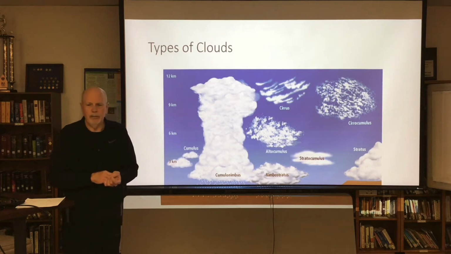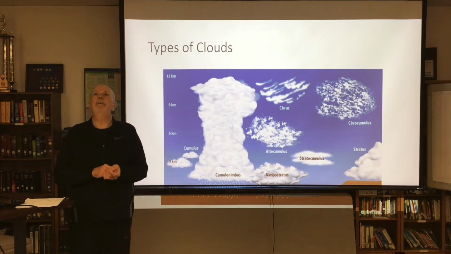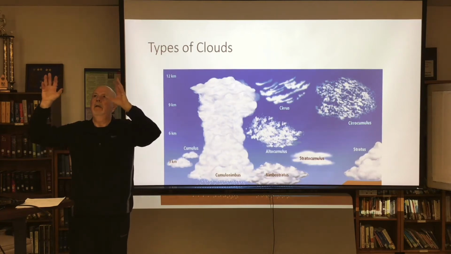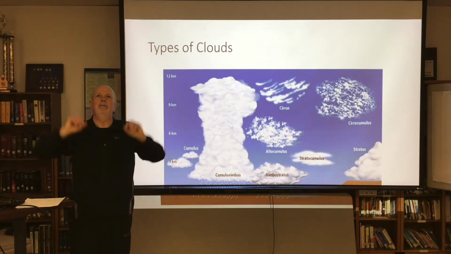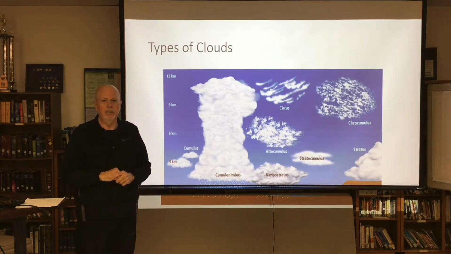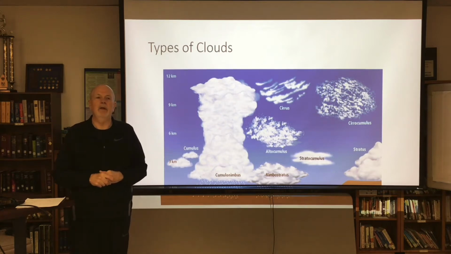When you go outside and you look up at the clouds, you're going to see different types of clouds on different days. And we're going to talk about 3 different types of clouds and show you some pictures of them so that when you go outside starting tomorrow or even today, you can take a look up and see what kind of clouds are out there.